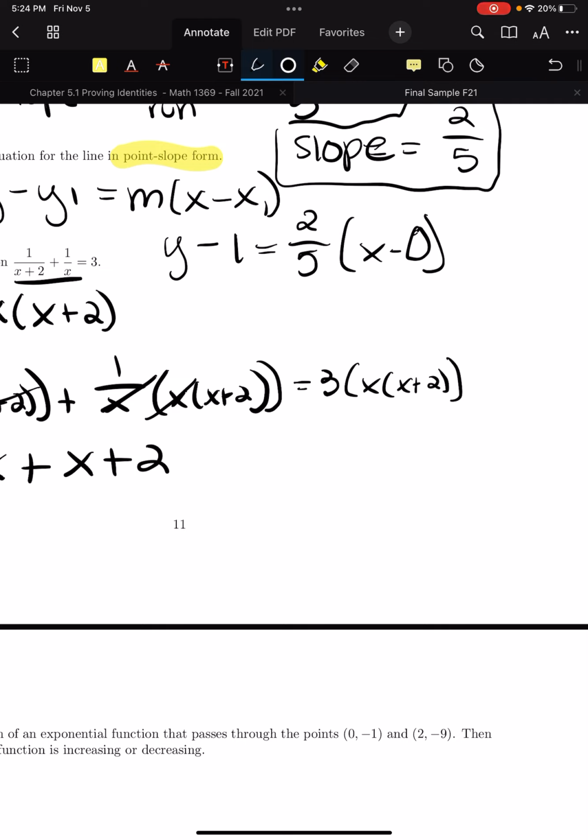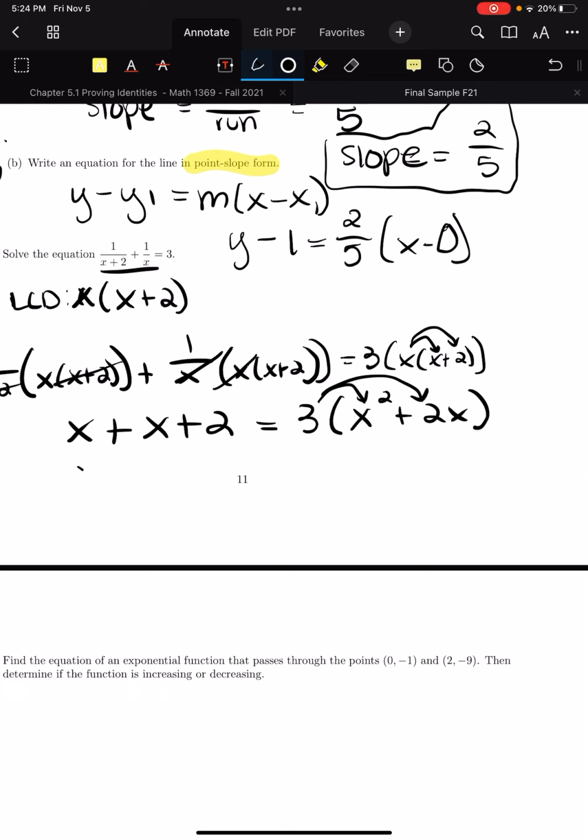And then on the right side, we are going to distribute this x first. And then we're going to have 3 times x squared plus 2x. And then we are going to distribute that 3.